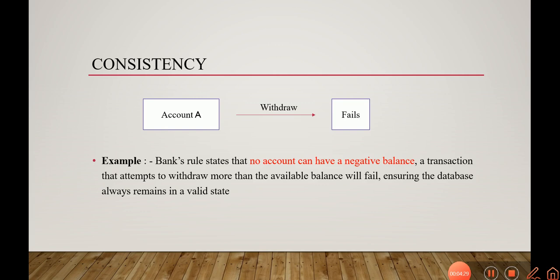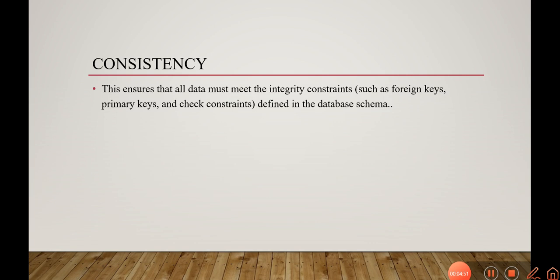You should have a certain amount to withdraw the money. This is nothing but consistency. It maintains the database, or is following a set of rules. What consistency actually says is that all the data must meet the integrity constraints, or in simple words, the system follows a set of rules.